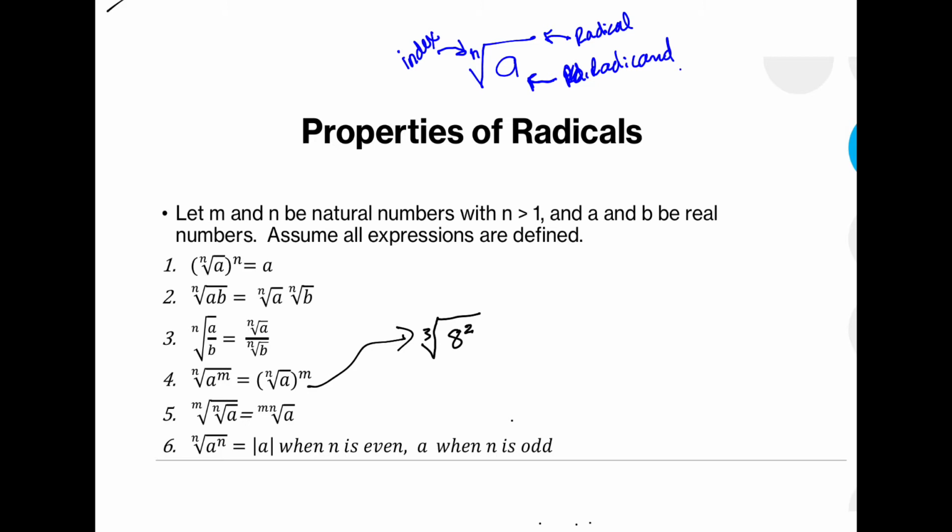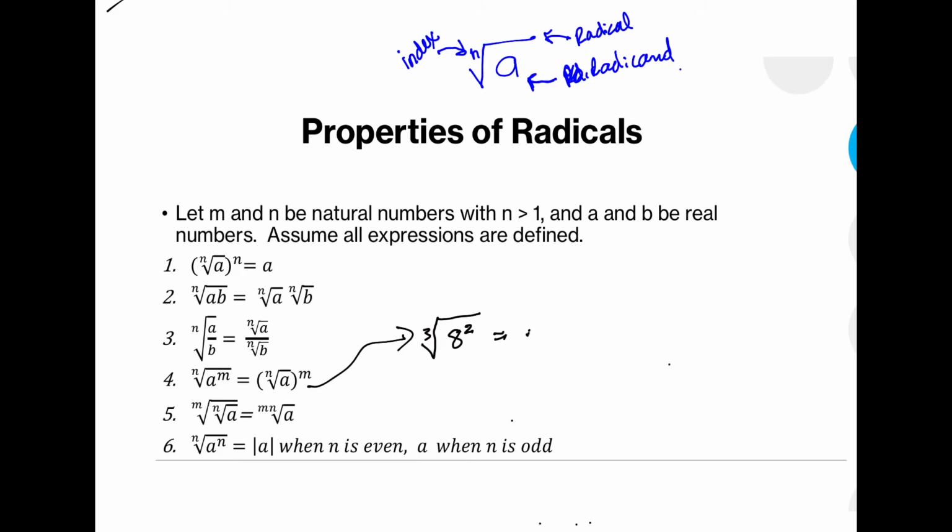We're asked to simplify it. If you look at this and know that 8 is a perfect cube, which it is, 2 times 2 times 2, 2 times 2 is 4, 4 times 2 is 8, can I take the cube root first? And this is basically saying, yeah, you can either think of it like this, where in essence we'd be taking the square first, because we always do powers first, and then we would take the cube root after we've done that.